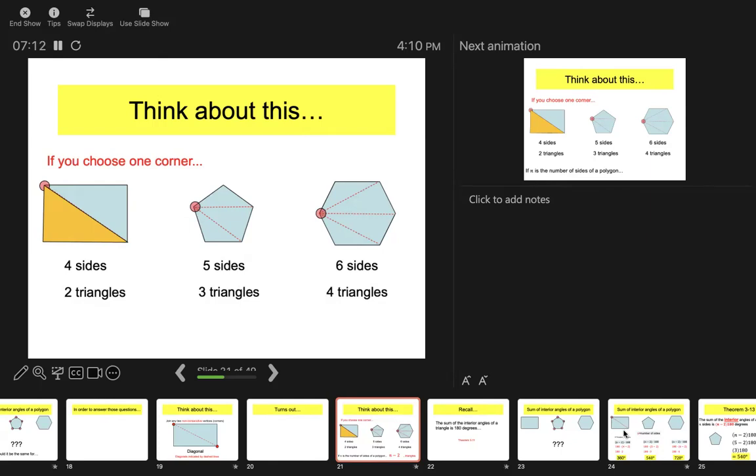Do you notice that there's a pattern there? Four sides has two triangles. Five sides has three triangles. Six sides has four triangles. Notice that the number of sides and the number of triangles are related if we subtract 2. So if n is the number of sides of a polygon, how many triangles will it have?